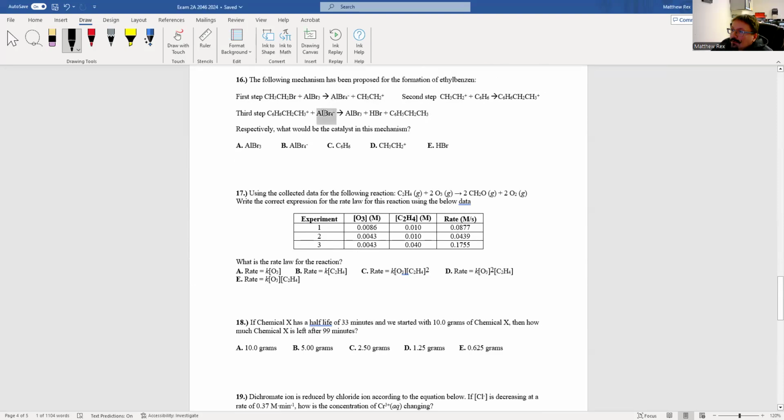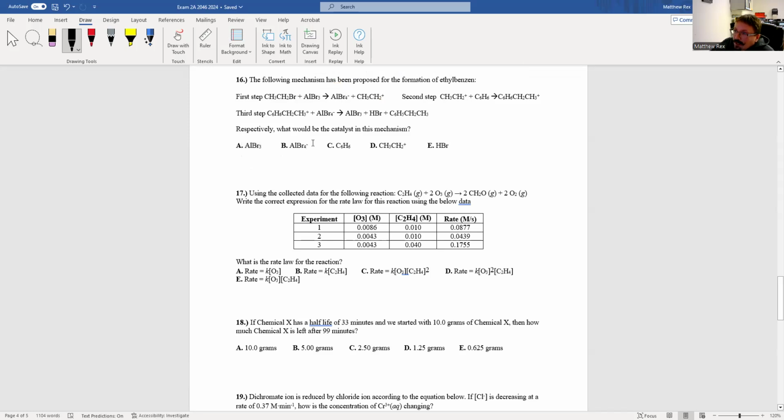AlBr4 is going to get canceled here. It's produced in one step and used up in another, so that's an intermediate. The only thing that won't necessarily contribute to the products, but isn't made in an earlier step and then used up, is in that initial step and actually regenerated in the last step, and that's the AlBr3. That's our catalyst.